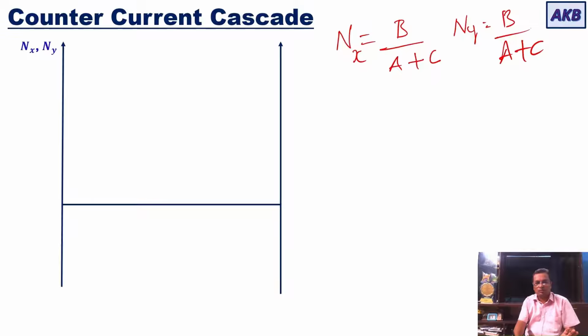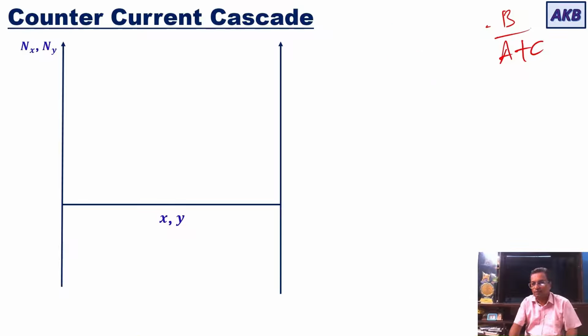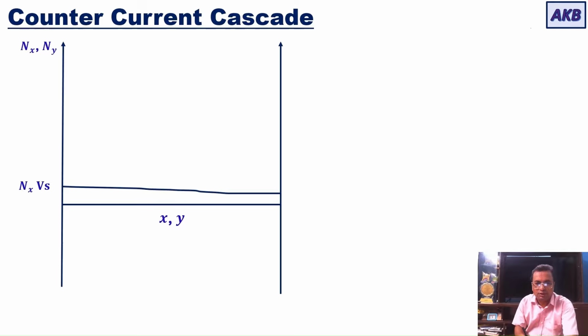So you are going to plot Nx versus X and Ny versus Y. And if you plot this, then you are going to get the equilibrium diagram. Let me first erase it. So you'll be getting a curve Nx versus X if the overflow contains solids.